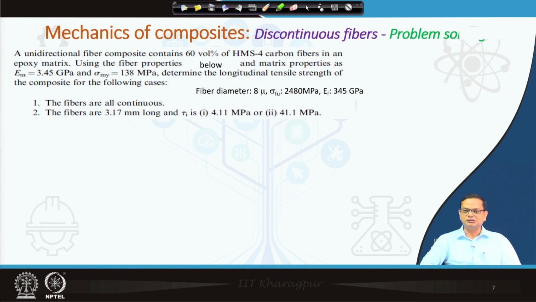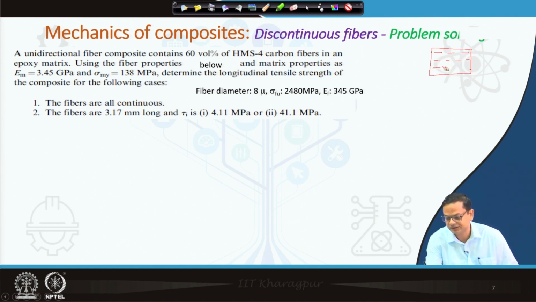In the last class, if you remember, we talked about this particular case where we have this composite material where the fibers are short fibers, that means discontinuous fibers, but these are aligned in the longitudinal direction. So, we found out the different theories.